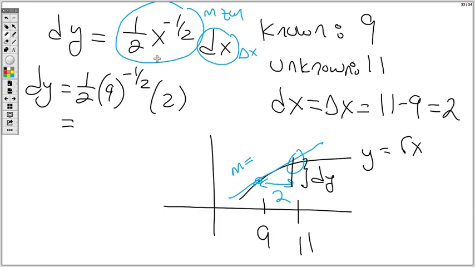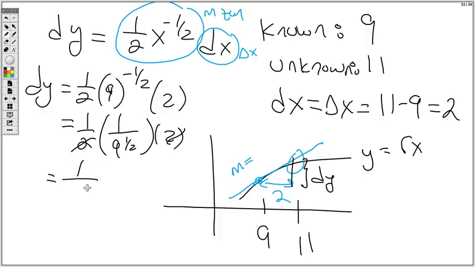So what's 9 to the minus 1/2 power? Well, what's the minus? That puts the thing where? In the denominator. You can see what happens to the 2's. They do what? And what's 9 to the 1/2? That's also known as the what of 9?